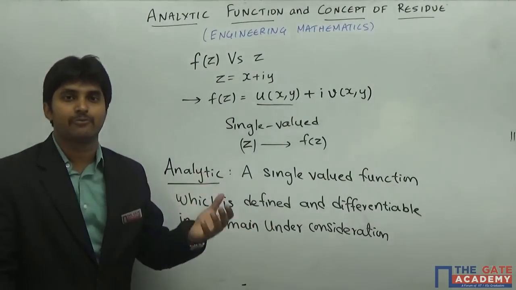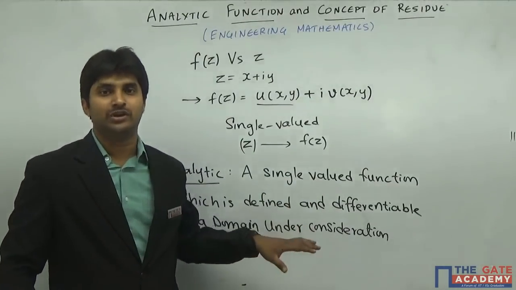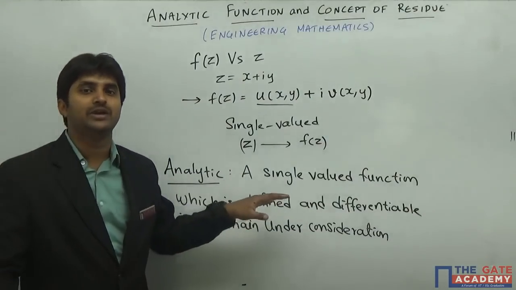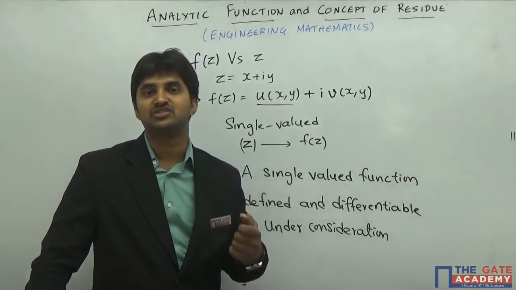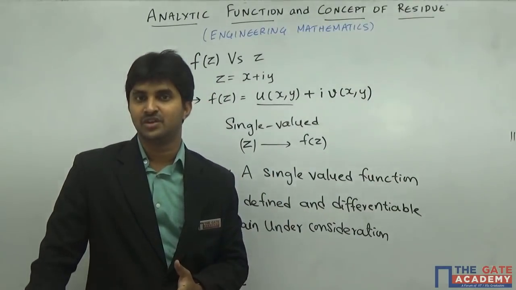Now, how can we say a particular function is analytic or not? The definition says that it is going to be defined and differentiable at each and every point. But how can we test that a particular function is analytic?